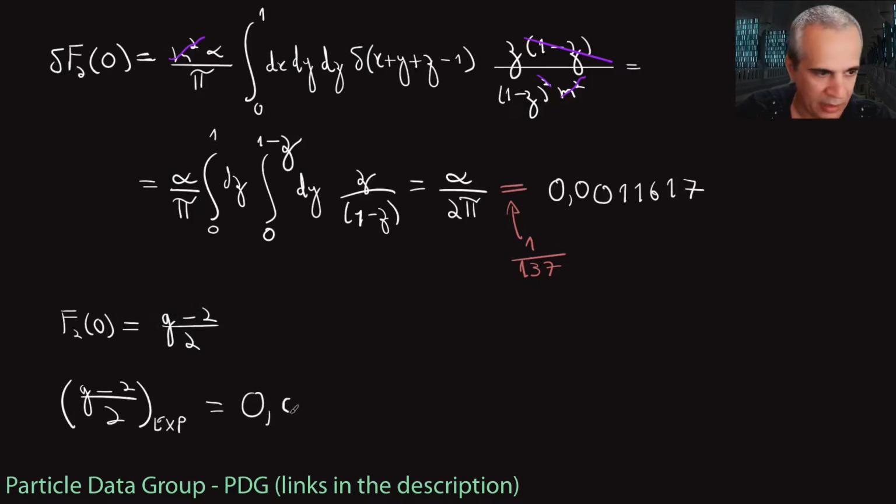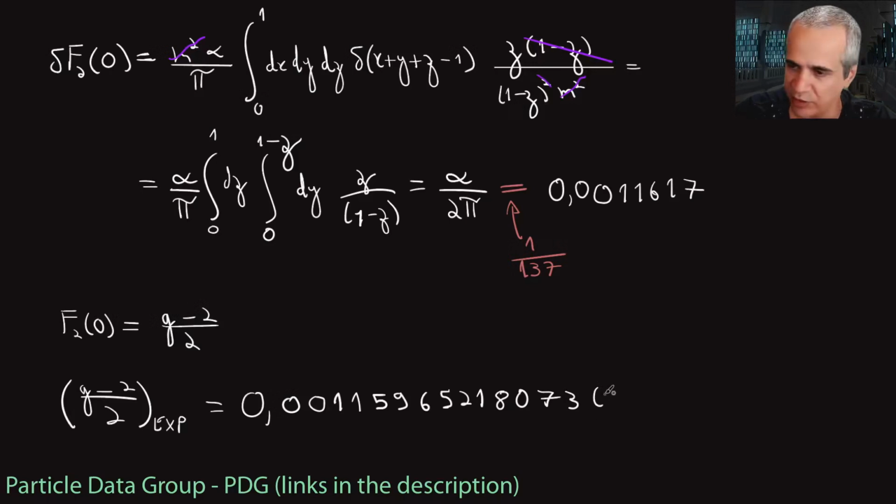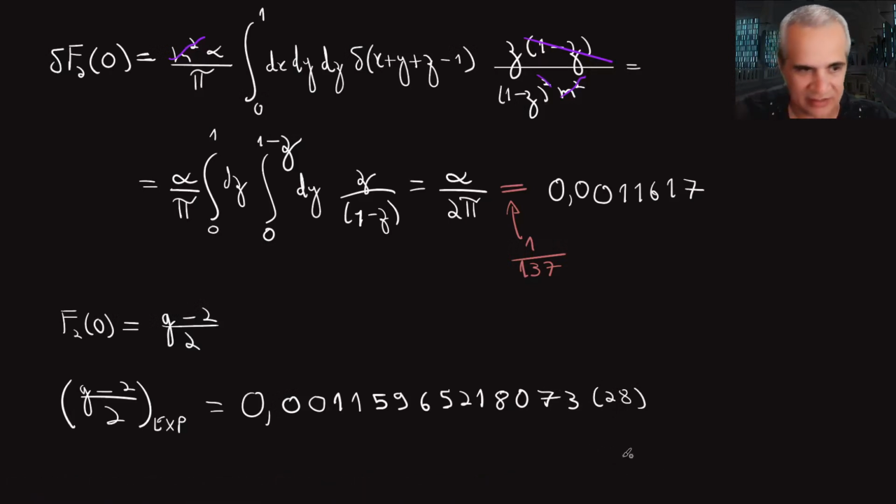Now, this is scary in terms of how precise the measurement is. 596 5218073, and the uncertainty is on these last two numbers, 28. So plus or minus 28 here, which is scary precise.